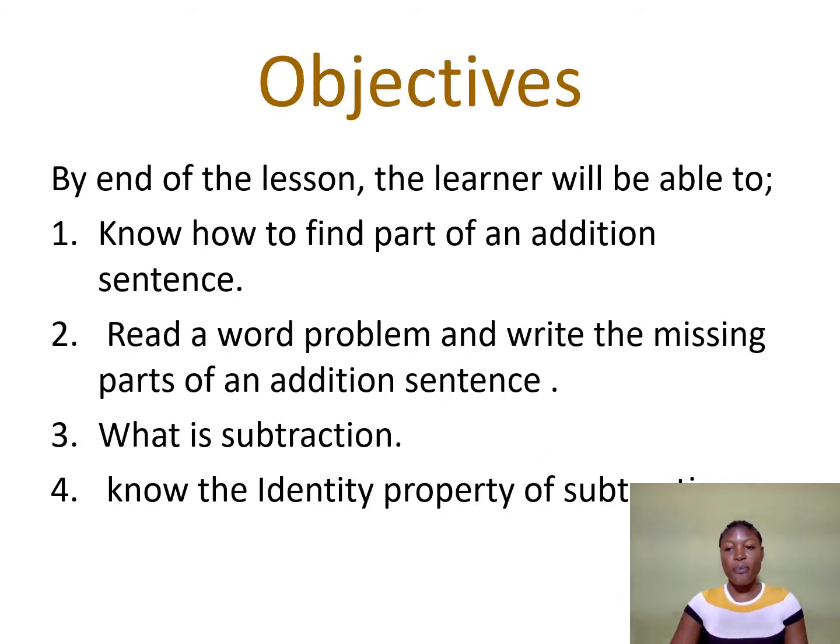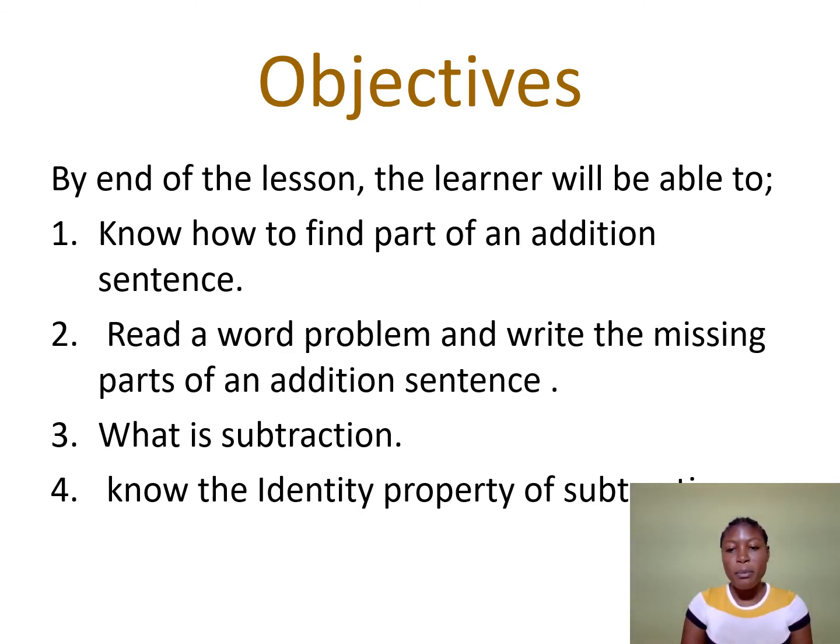We are hoping that by the end of today's lesson, the learner, that is you, will be able to: 1. Know how to find the missing part of an addition sentence. 2.